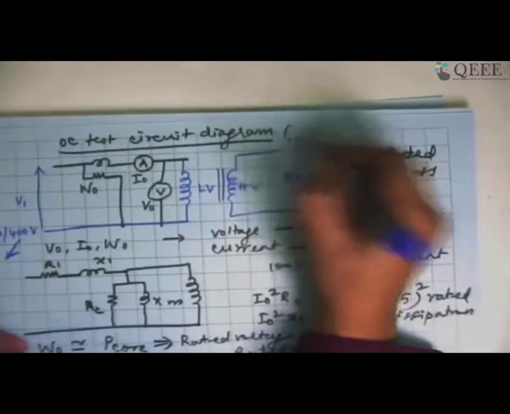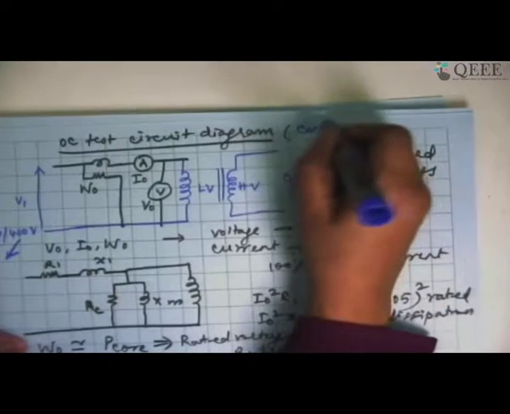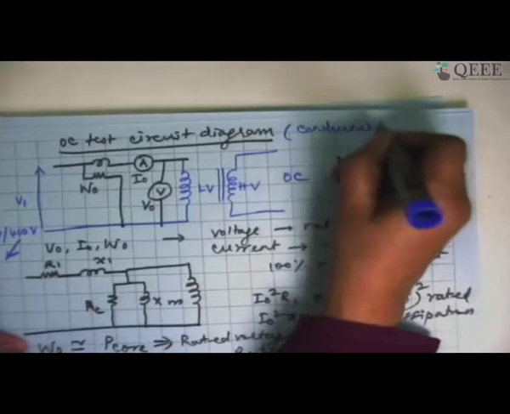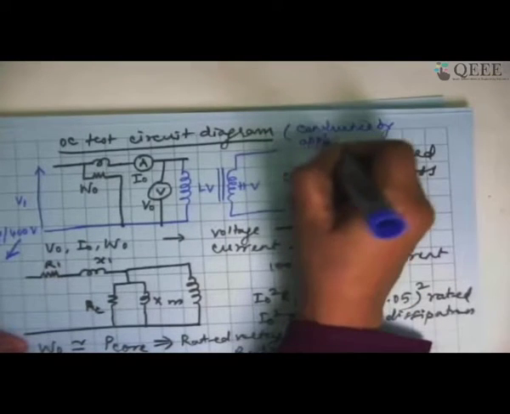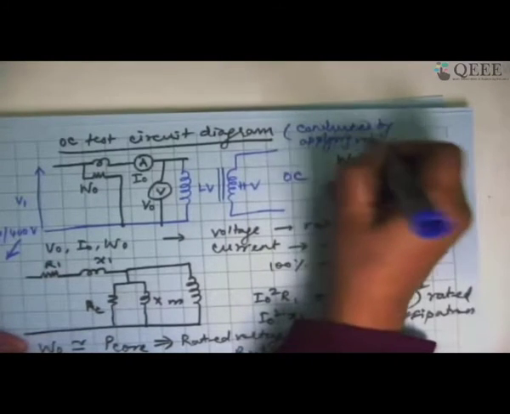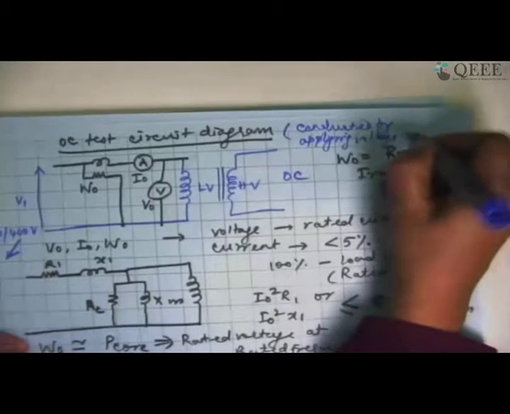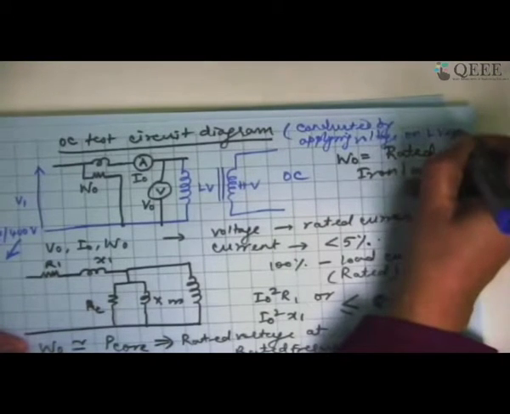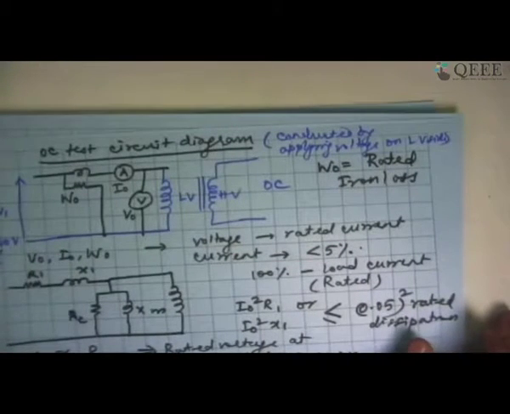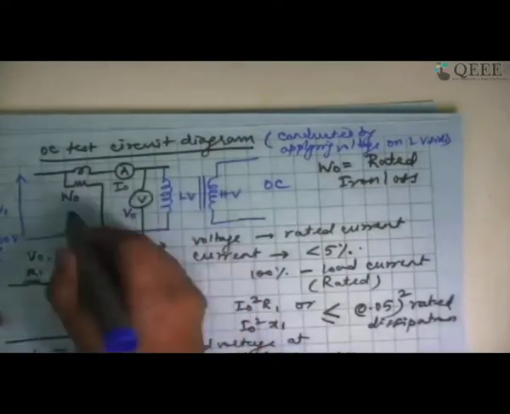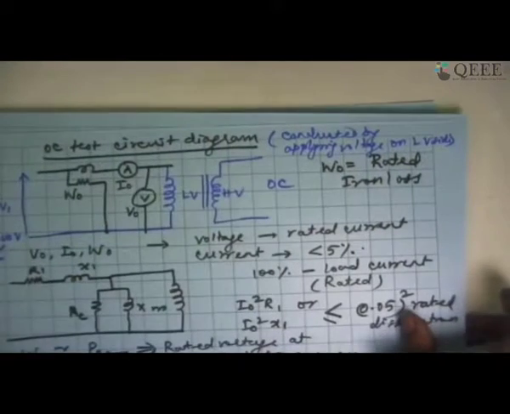So the open circuit test as a rule is conducted by applying the voltage on the LV side. It is always easier to find such a source on the LV side, which is why we generally conduct it from there.